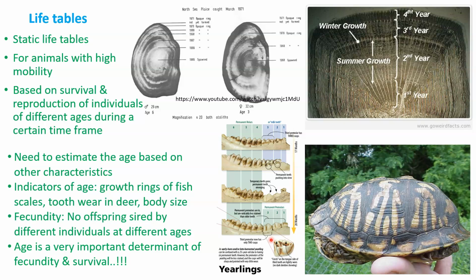And this can be done even if you encounter a fresh carcass, right? Even if you find a skull, you can reasonably estimate the age at death of that particular individual deer, right? Based on the same technique.